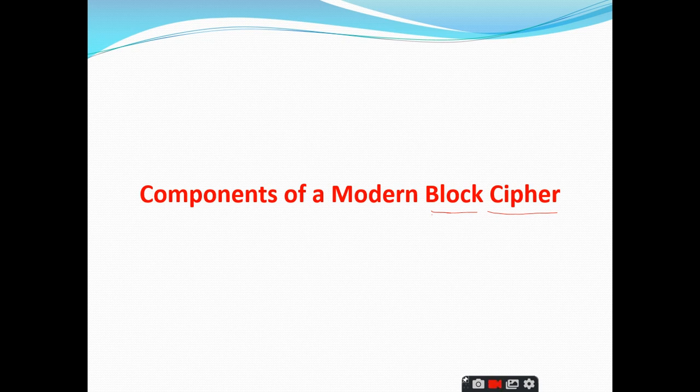Since we are treating n bits as a single block, we call such types of ciphers the modern block ciphers, right? So can anybody list out the components of the modern block cipher that we discussed in the previous session?